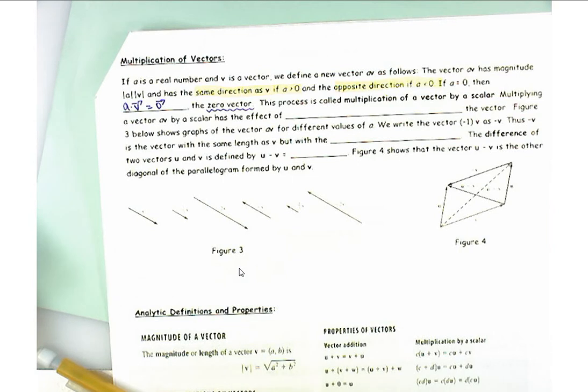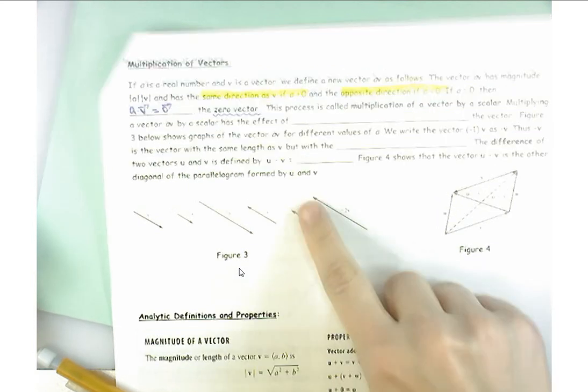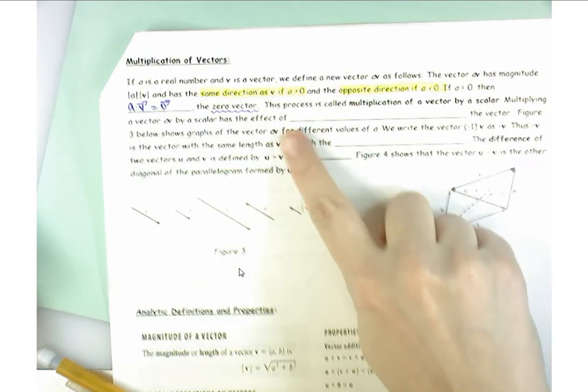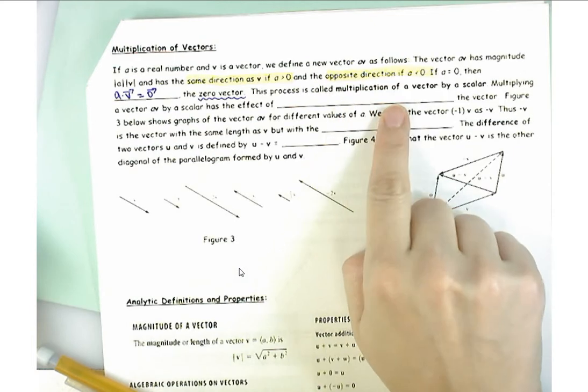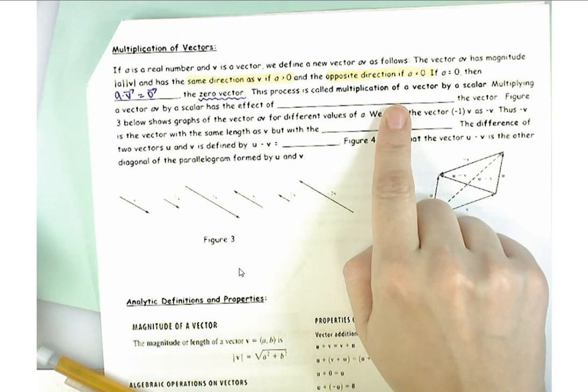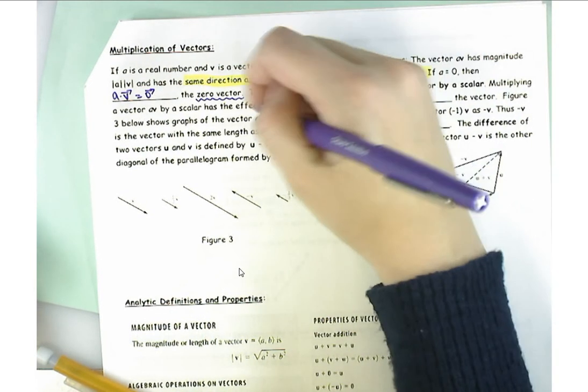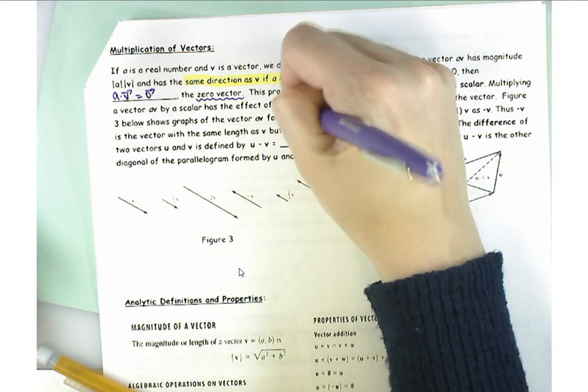Your 0 vector, because it does not have a magnitude, is not going to look like a vector. It'll look like a dot, because it doesn't have any horizontal or vertical component. This process is called the multiplication of a vector by a scalar. So if you're multiplying the vector v by a scalar, it is going to either stretch or shrink the vector.